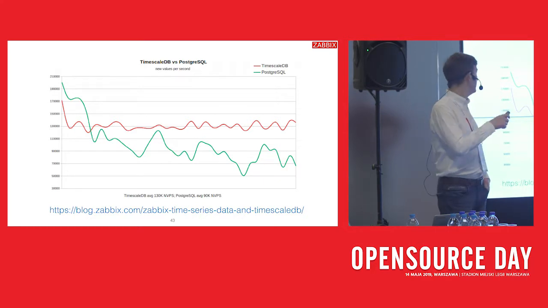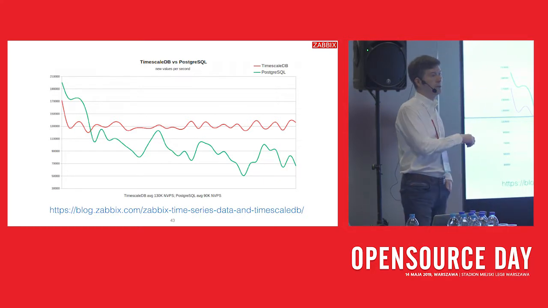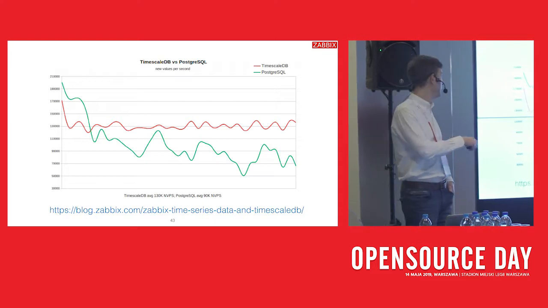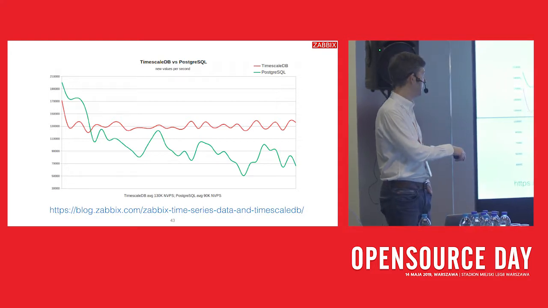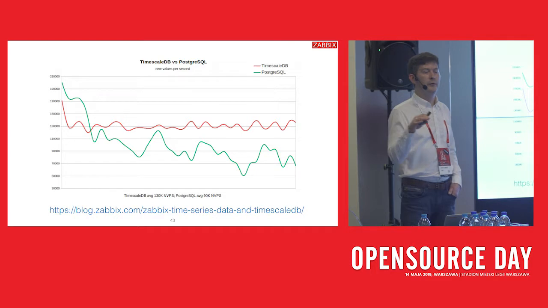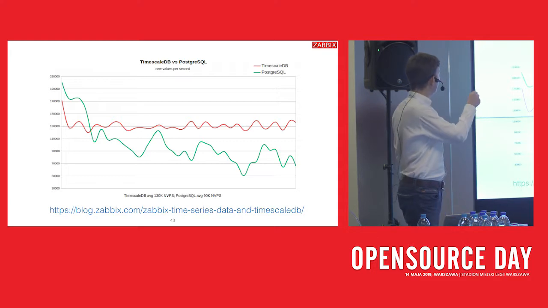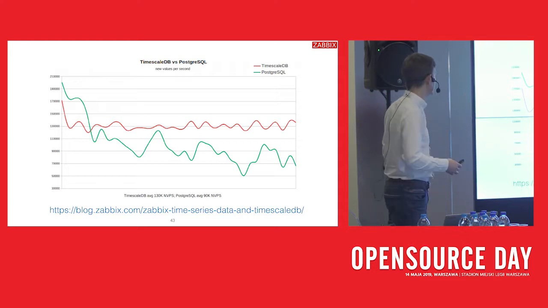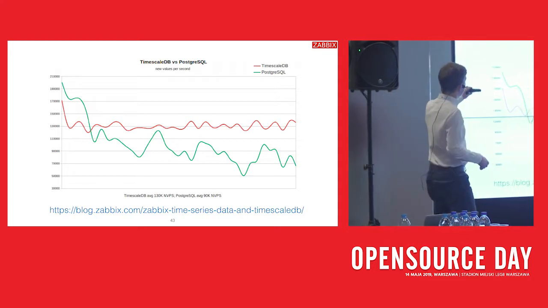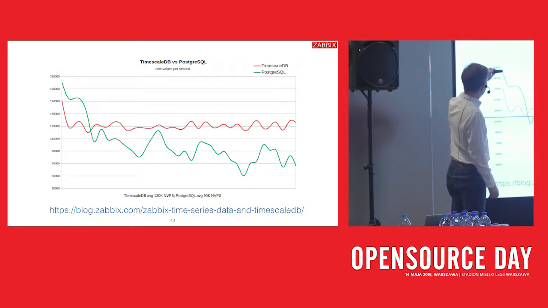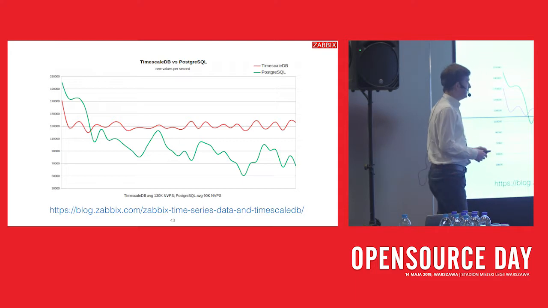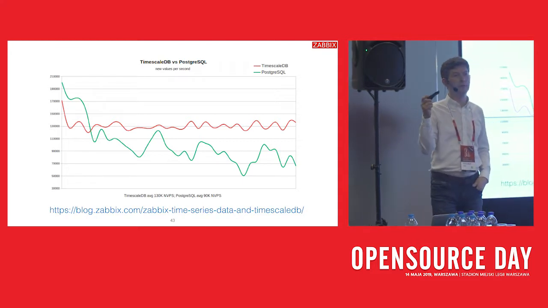But we made quite extensive testing, and we have a blog post on blog.zabbix.com where we compared the performance of Postgres with table partitioning against timescaleDB. This is Postgres, this is timescaleDB, and we tried to feed about 300 million data points.